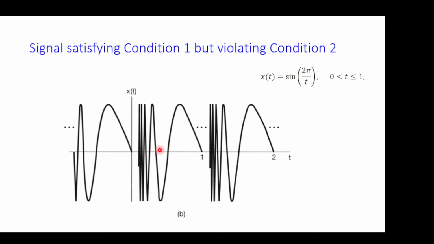As t goes to 0, 2 pi over t goes to infinity, but the sine is periodic, so the oscillation gets faster and faster as t goes to 0, and it will actually have an infinite number of maxima and minima around t equals 0.